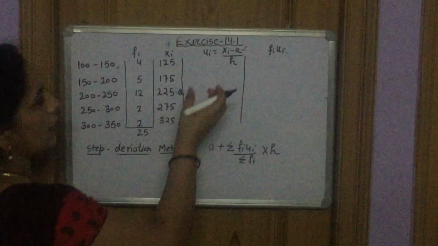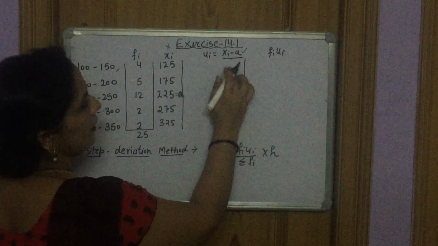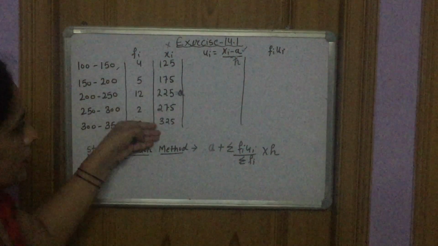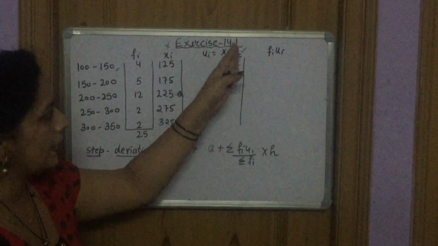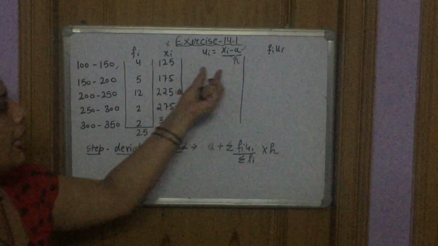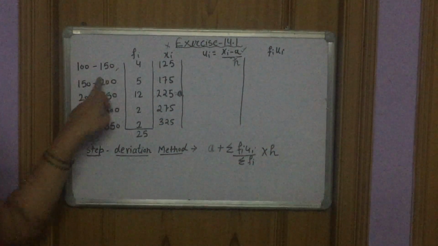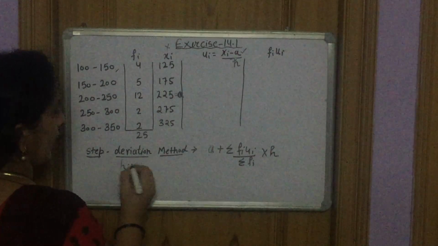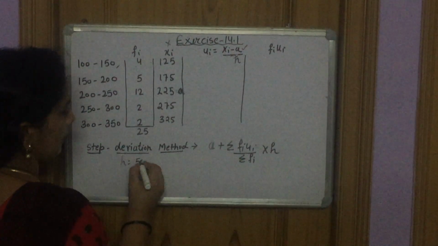After this we will find out each term of ui. And how can we find it? We will put every term in this formula, subtract the value of a and divide by h. H is the height of the interval, and that is 50.